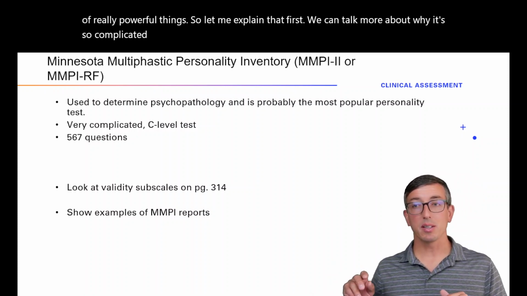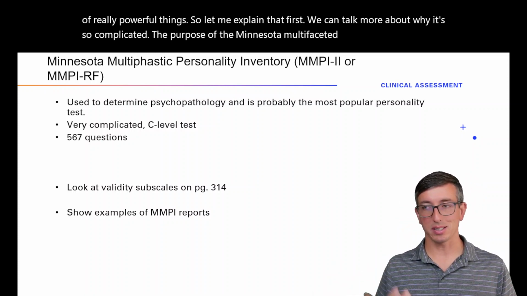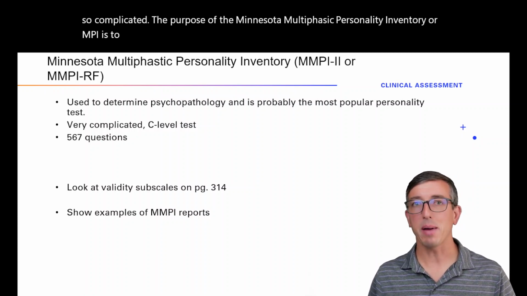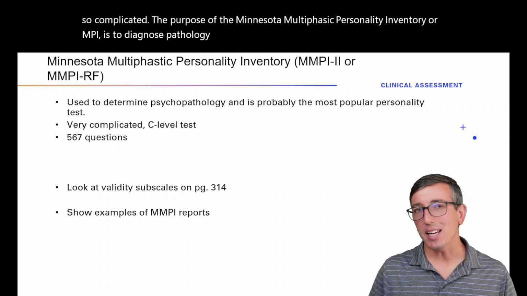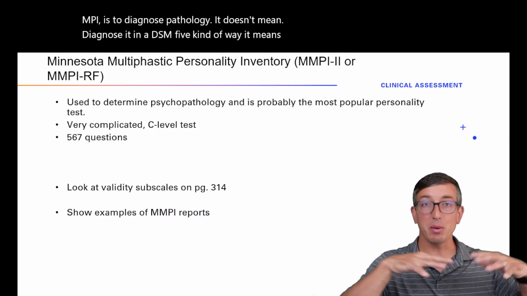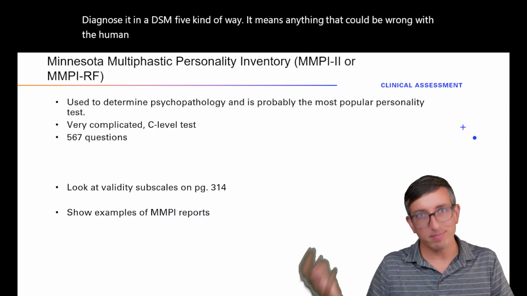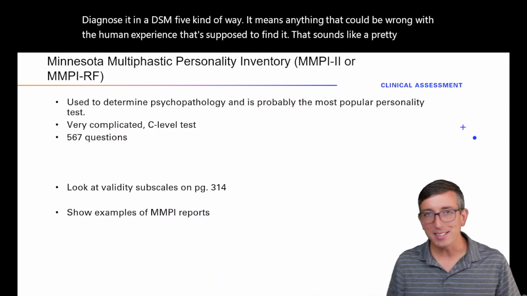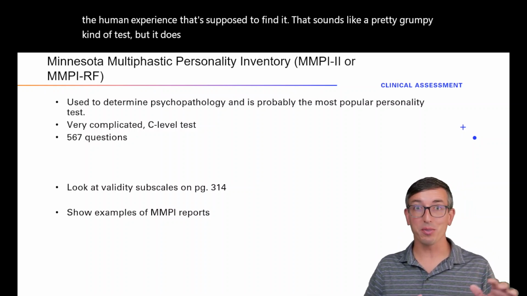The purpose of the Minnesota Multiphasic Personality Inventory, or MMPI, is to diagnose pathology. It doesn't mean diagnose it in a DSM-5 kind of way. It means anything that could be wrong with the human experience, it's supposed to find it. That sounds like a pretty grumpy kind of test, but it does a lot of wonderful and interesting things.